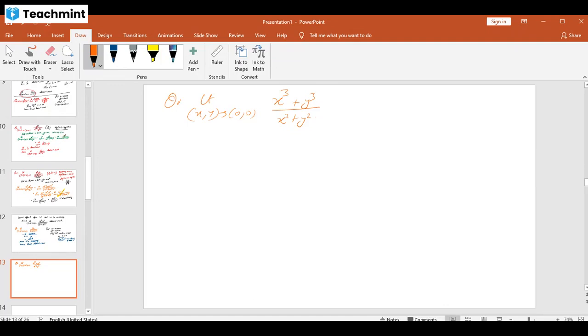Okay, so again, because we have a factor x square plus y square, what can we do? Because now in this case, the degree of numerator is greater than the degree of denominator, and if we choose the neighborhood of the point 0, 0, we know that x square plus y square can never be 0. Because whenever we are saying limiting point, it means x and y can never be simultaneously equal to 0.